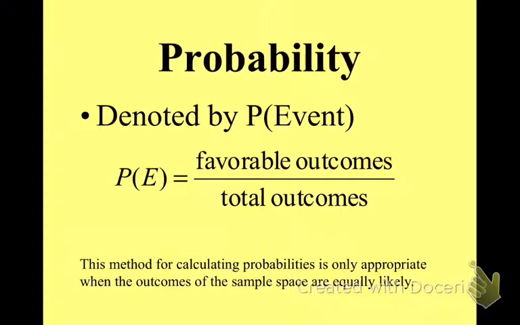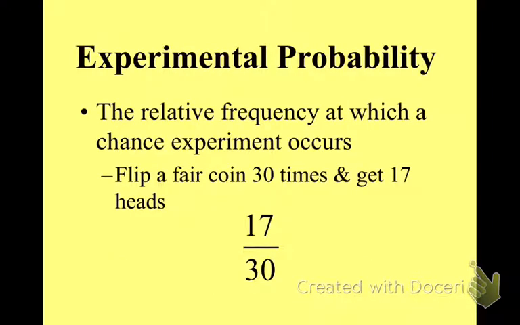And the method for calculating probabilities is only appropriate when the outcomes of the sample space are equally likely. Experimental probability is when you actually conduct an experiment and record the outcome. So it's the relative frequency, which means the decimal, at which a chance experiment occurs. So if you flip a fair coin 30 times and get 17 heads, your experimental probability would be 17 out of 30.